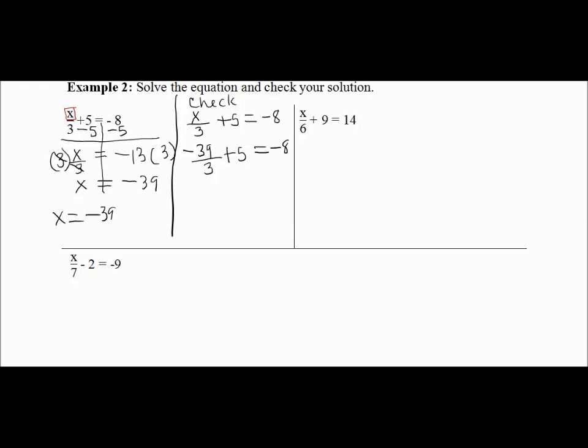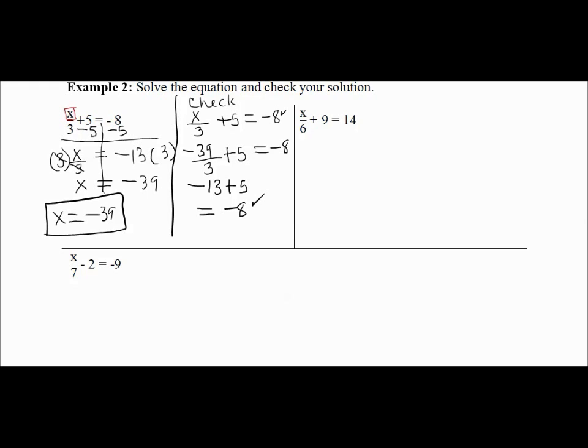Well, negative 39 divided by 3 gives me negative 13. Then I bring down the plus 5. Negative 13 plus 5 does give me negative 8. Well, since that checked out, it lets me know that I do have the correct answer. The solution to the equation is x equals a negative 39.